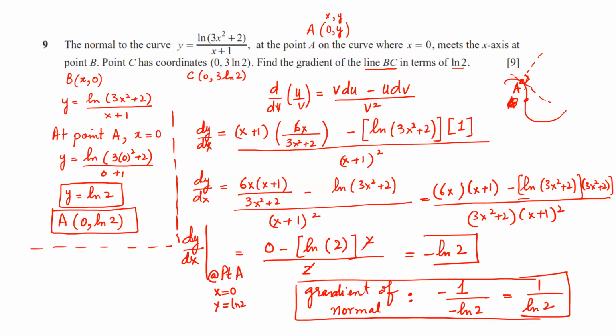So we now have a point and a normal line. If this is the curve and this is point A, the slope of the derivative is minus ln of 2, and this normal will have a slope of 1 by ln of 2, passing through the point (0, natural log of 2).